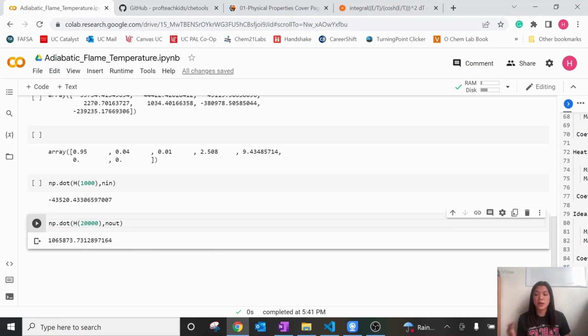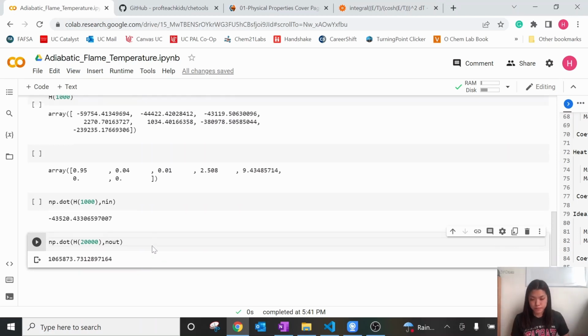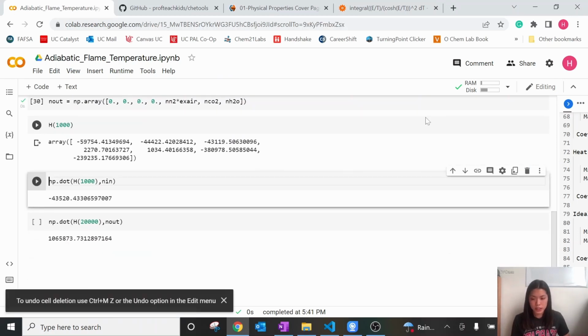But what else we can do rather than just inputting temperatures and hoping that eventually they'll equal the same is create and define a function and use the root function to calculate the root of two equations that are set equal to 0.